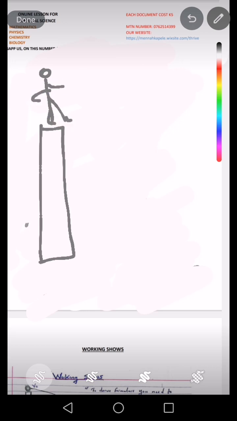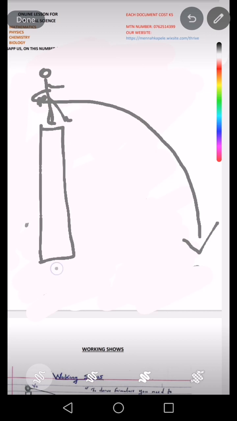You are standing here, you throw a ball, you launch it like this, and it falls like this. So that is the first case of projectile motion. There are three cases. This is the first case. We learn that first case, it is simple.